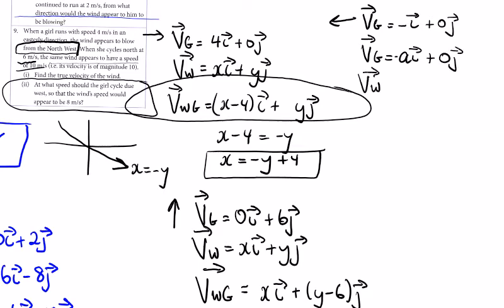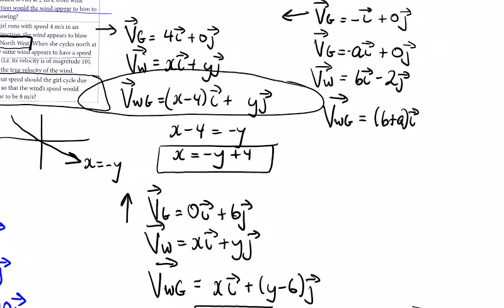We have the velocity of the wind, and we're told the magnitude of the wind speed would be 8. So the velocity of the wind was 6i minus 2j from below. So the velocity of the wind relative to the girl is going to be 6 minus minus a, so that's going to be 6 plus a in the i direction and minus 2 in the j direction.